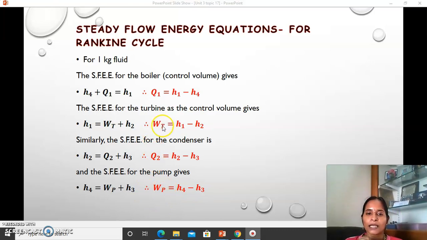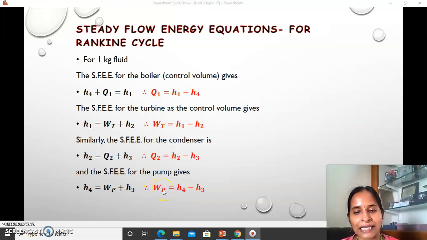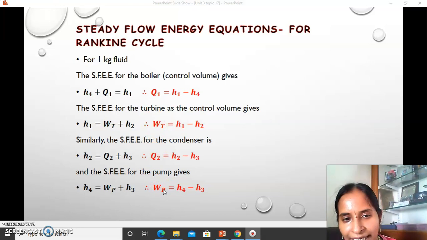WT is the power received by us, work done by the system. WP is work done on the system. Pump is a power absorbing system. So H4 minus H3. Please remember, you should know H1, H2, H3, H4. If you know all four state parameters, it is very easy to find Q1, Q2, WT, WP, which form the equation for the cycle efficiency of the Rankine cycle.